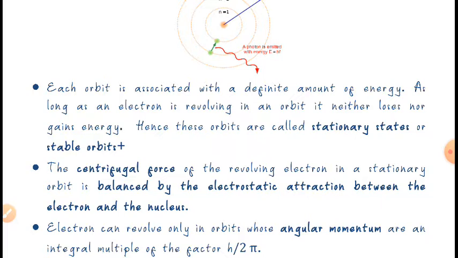As long as the electron is revolving in an orbit, it neither loses nor gains energy, and hence the orbits are called stationary states or stable orbits. What he means to say is that whatever orbit the electron is revolving in, the energy of that orbit will be fixed.